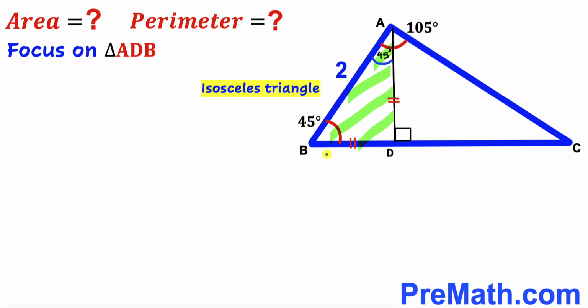So therefore we conclude that this segment BD length has got to be equal to this side AD length. If I label this perpendicular length as x, then this BD length has got to be x as well.